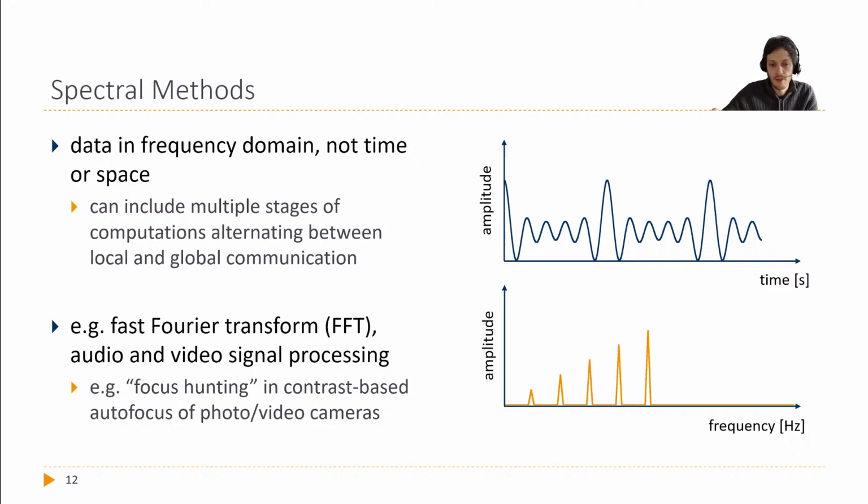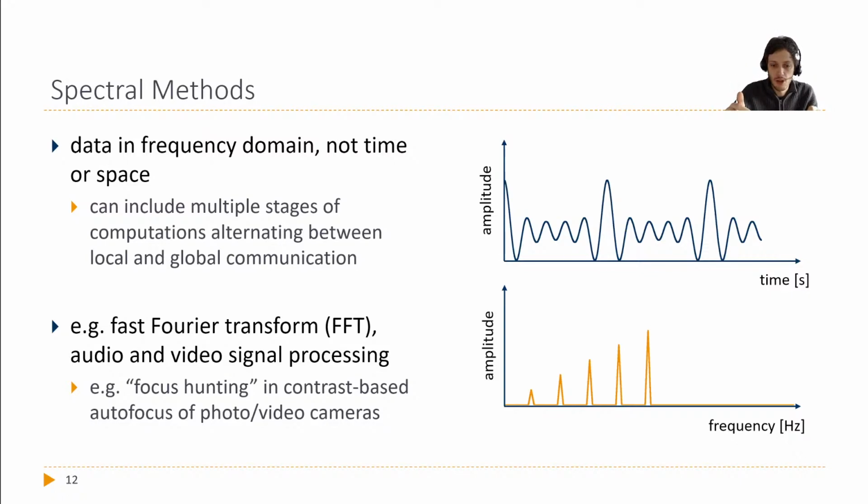This is called focus hunting in photography, and this is exactly caused by something like this. The camera has a chip that is doing this fast Fourier transform or some form of it and trying to derive a frequency picture of your photo that you want to take, and is searching with the focus, computing the frequency, and once it reaches a setting where you get the maximum frequency, it knows the picture is most sharp, so to speak, and that's where it stops.